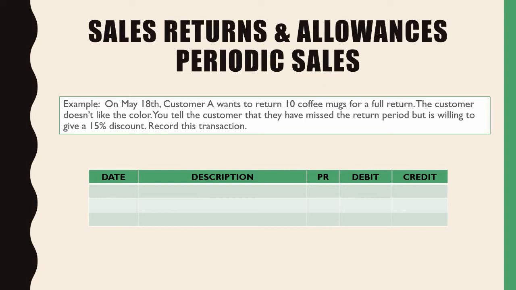How did you calculate that? I took the $50 times the, oh no, sorry, yeah, the $50 times the 15%. Perfect. All right.